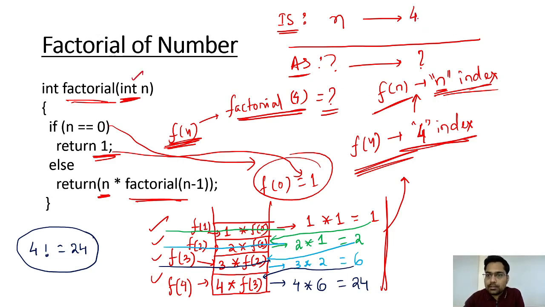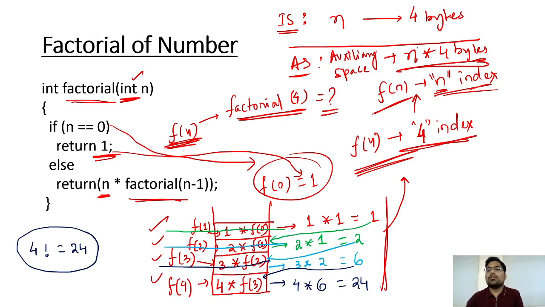So here I am writing 4 bytes for n, and for auxiliary space I can simply write the number of indices into the size of an index.